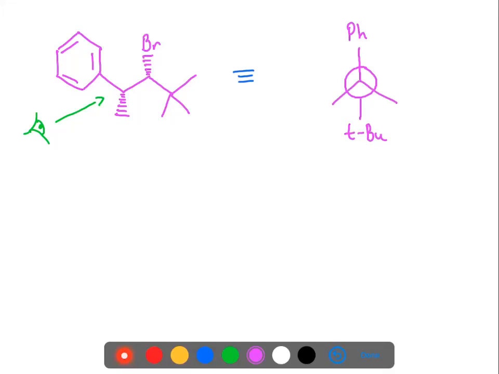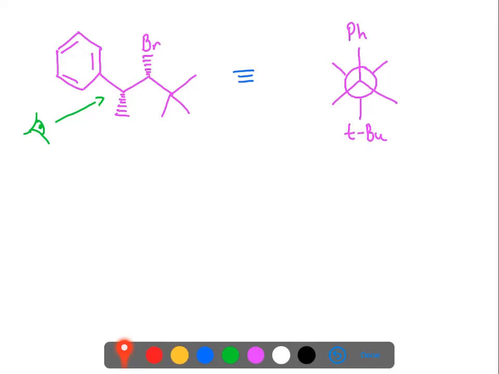So we're going to have two groups attached to the carbon in front that haven't been drawn, and the two remaining groups in back. Now when we're looking down this carbon-carbon bond, we have a methyl group and a bromo group. So a bromo substituent and a methyl substituent, and they're both behind the plane, the plane representing these bonds on our page.